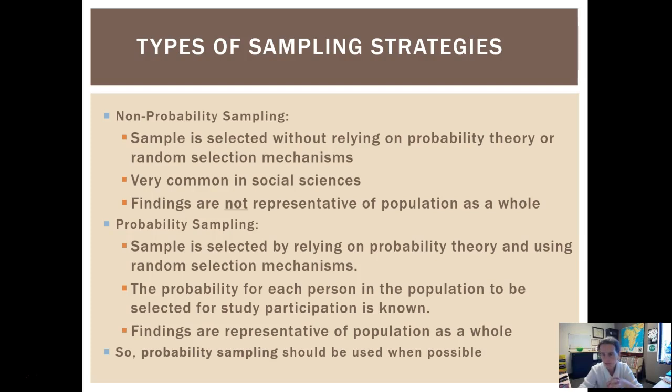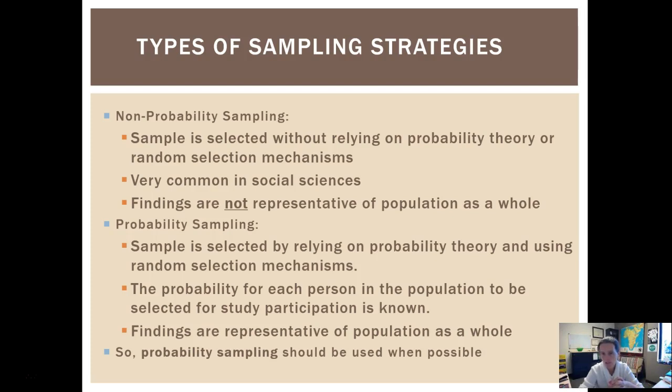On the flip side, we have probability sampling. With probability sampling, you do rely on probability theory and you do use random selection mechanisms. So when you use probability sampling, the probability for every person in your population to be selected for study participation is known. And as a result, the findings are representative of the population as a whole.